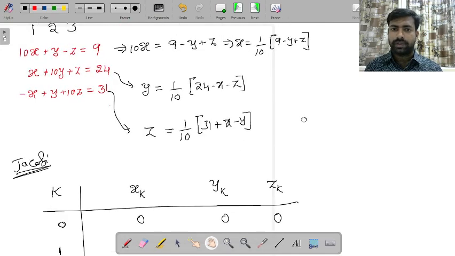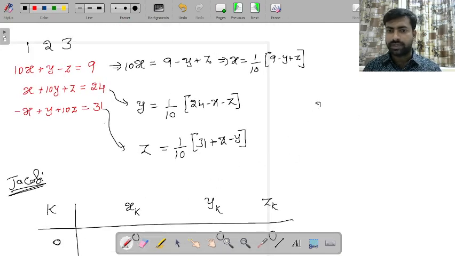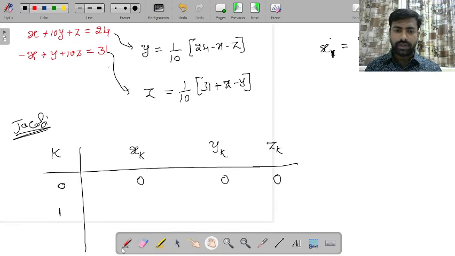Let me calculate x1 first. It doesn't matter whether you write it as a suffix or prefix. So x1 is 9 minus 0 plus 0, divided by 10, so that is 0.9.